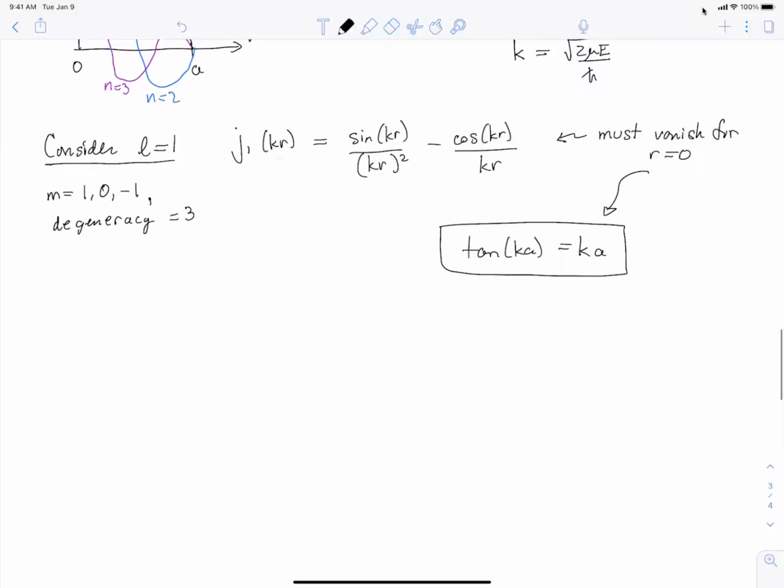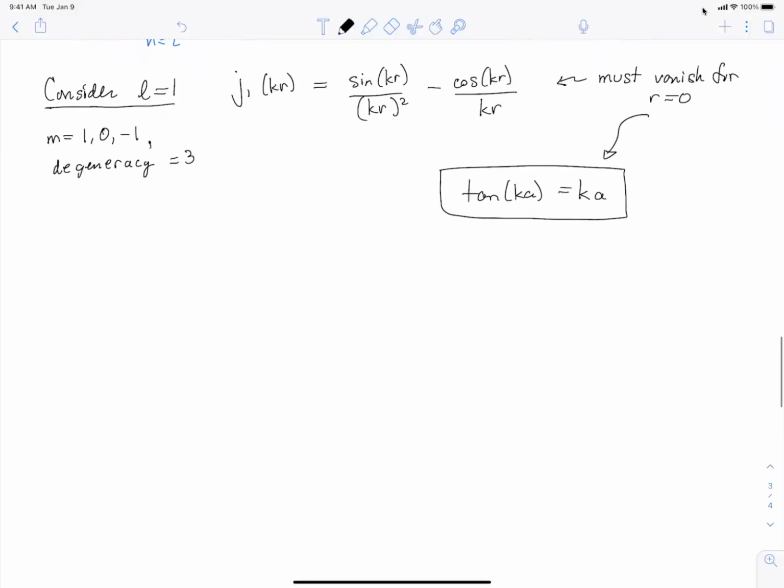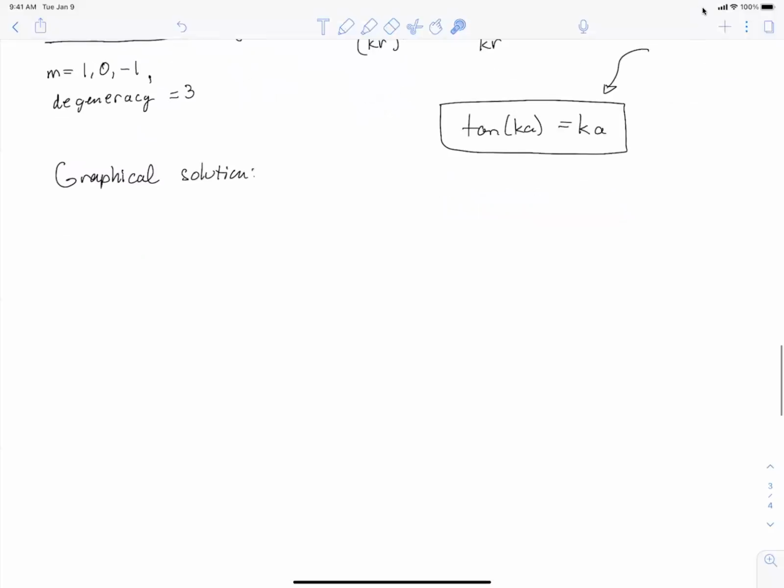Unfortunately, that can't be done algebraically, but we can do a graphical solution. The idea is we just graph this function, tangent ka, and we graph the function ka, which is easy, that's just a line, as a function of ka, and wherever they intersect, that will be a solution.